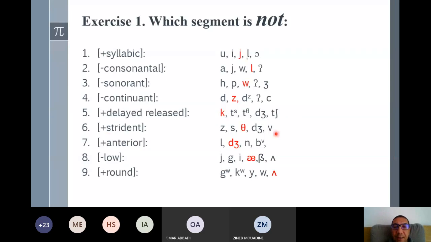Number six, strident. Strident is a feature that differentiates fricative consonants.